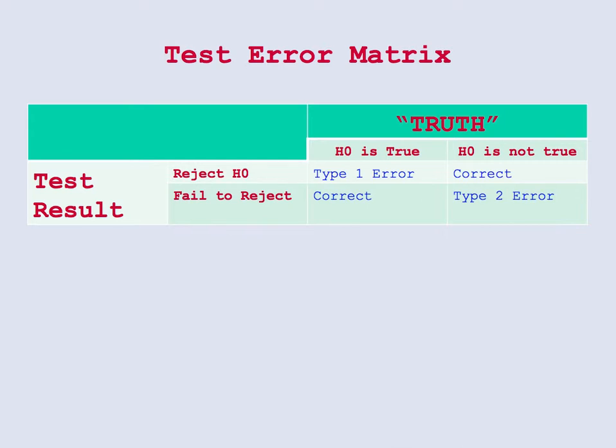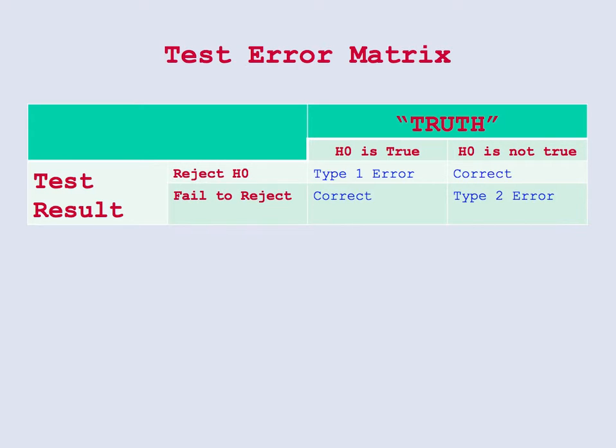We can look at a quick error matrix here. On the columns we have the truth: what is the truth about the null hypothesis? And what is the test result? Obviously, if the truth is that the null hypothesis is true, and we fail to reject the null hypothesis, this is correct.